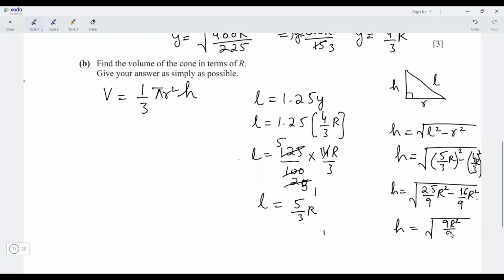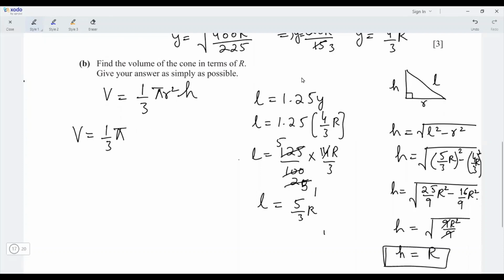So 9R squared over 9, 9 and 9 will be cut. So h must equal the square root of R squared, which results in R. So h is basically R here. Replacing here, V equals 1 over 3 pi.